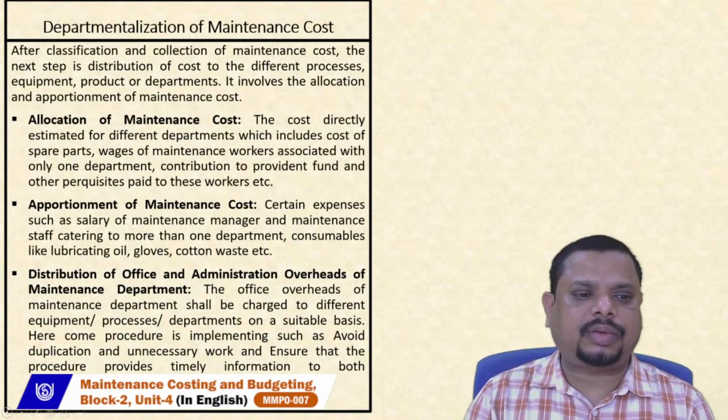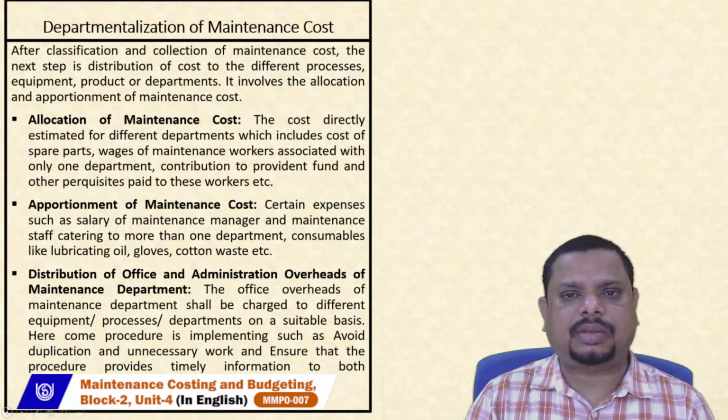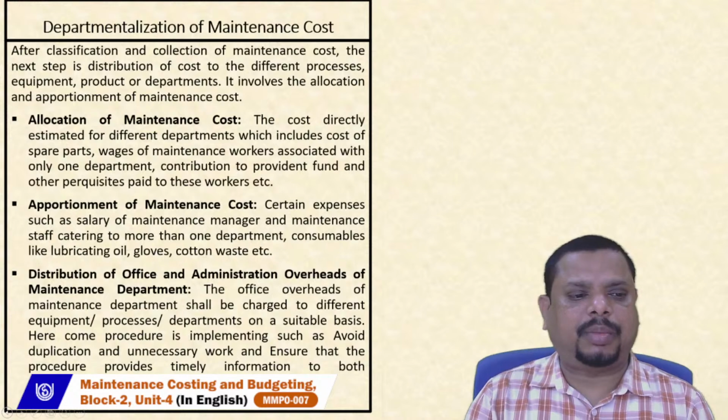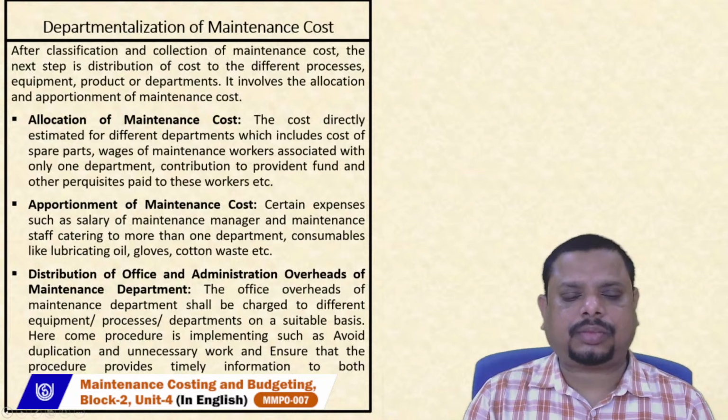The next one is absorption of maintenance costs. That means certain expenses such as the salary of maintenance managers and maintenance staff catering to more than one department. Here, consumables like lubricating oils, gloves, and cotton waste are also considered.